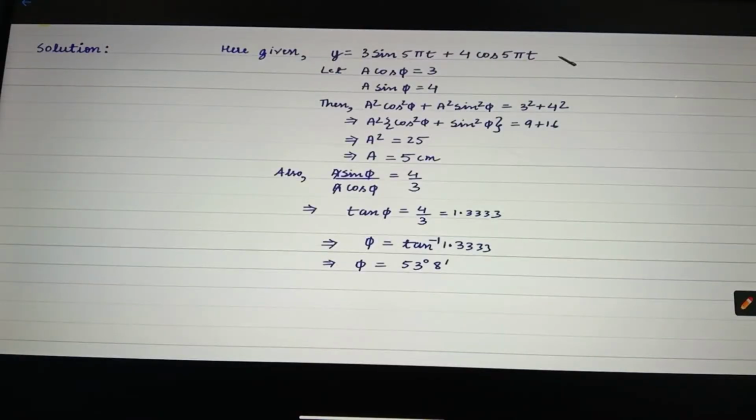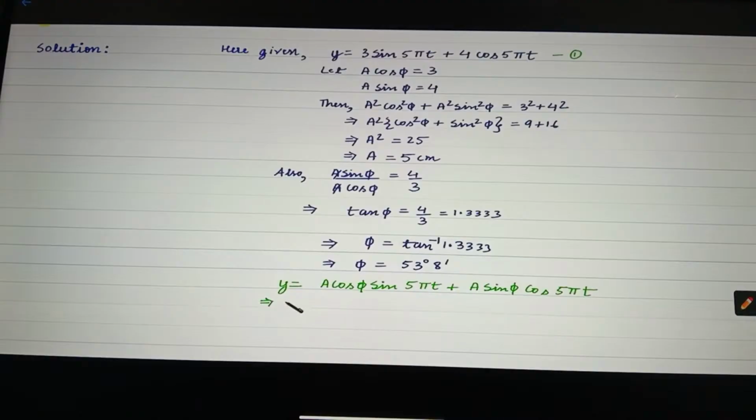So if this is equation 1, we can rewrite equation 1 as y is equal to, in place of 3 we can write A cos phi, sine 5 pi t, plus in place of 4 we can write A sine phi, cos 5 pi t.